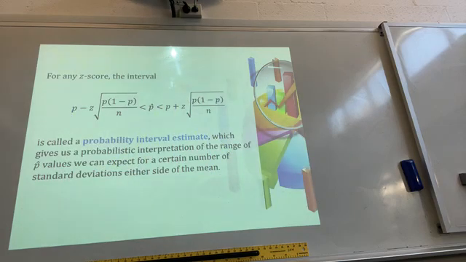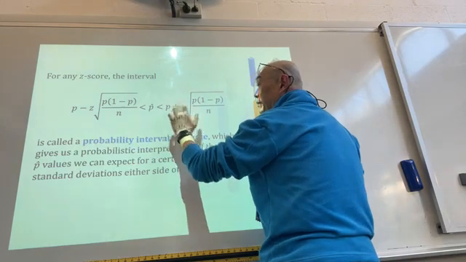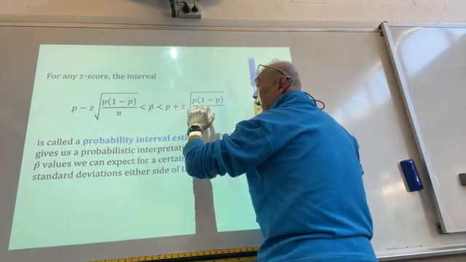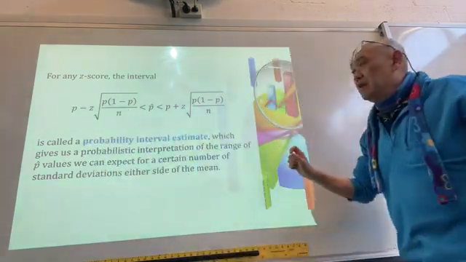So now here you can think about any z score. For any z score, p hat is in the interval of the mean plus or minus z times the standard deviation.